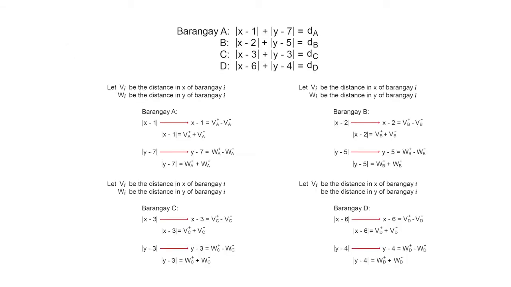So we are now able to transform your absolute values into values with only positive values, and it will all be linear in nature. And then, what we do now is we transform your objective function. Again, our objective function is min-max of dA, dB, dC, and dD.